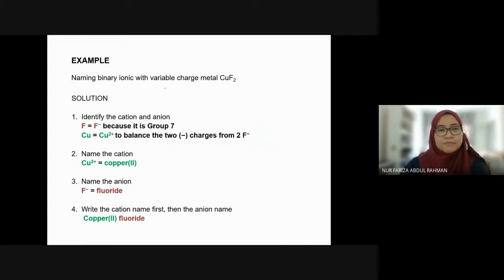Now, naming binary ionic compounds with variable charge metal. CuF2 is an ionic compound, but it is made up of a transition metal. Copper, Cu, is a transition metal. Therefore, we need to name it based on the variable charge metal naming style, so don't forget to include the bracket.